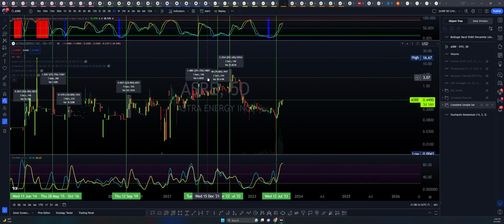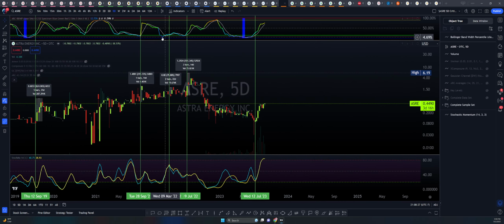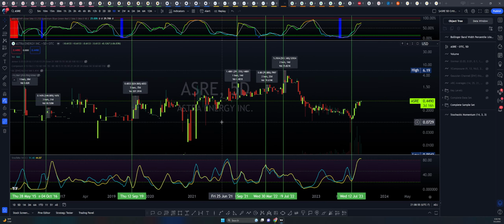Anytime that volatility has contracted into the critical contraction zone, which could be considered within the 15th percentile of contraction, and started an expansion phase, particularly beyond the 15% line, using both the moving average and the volatility component represented by the spectrum line, the moving average is the white line, paired with stochastic momentum with an upside pivot, I have taken note of every iteration where that has happened throughout the entire trading history of ASRE on the 5-day chart. So that has led to this data set.